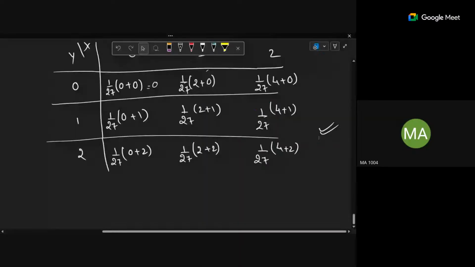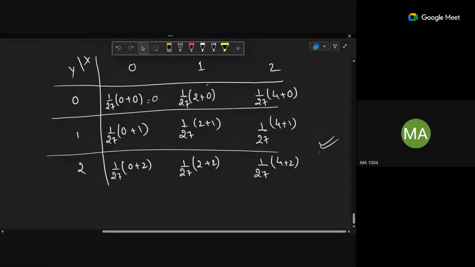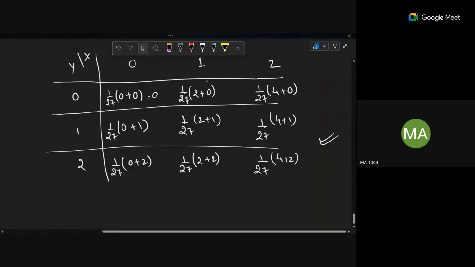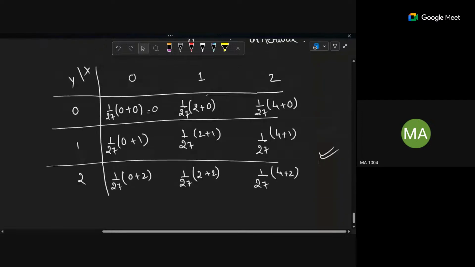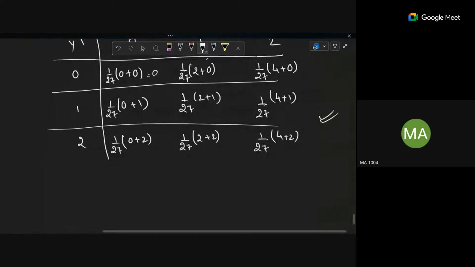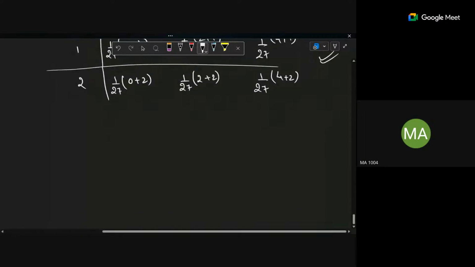Okay. First, let me clear this doubt. What was your doubt? Yeah, please. Someone was asking about this table, right? A question from this table. What happened?